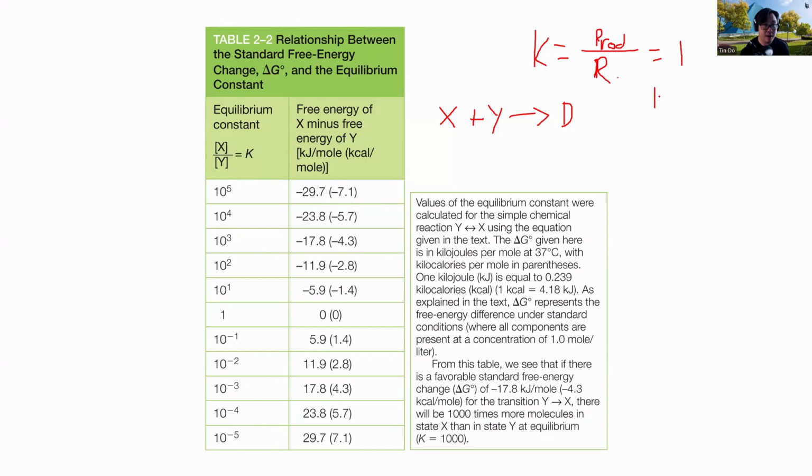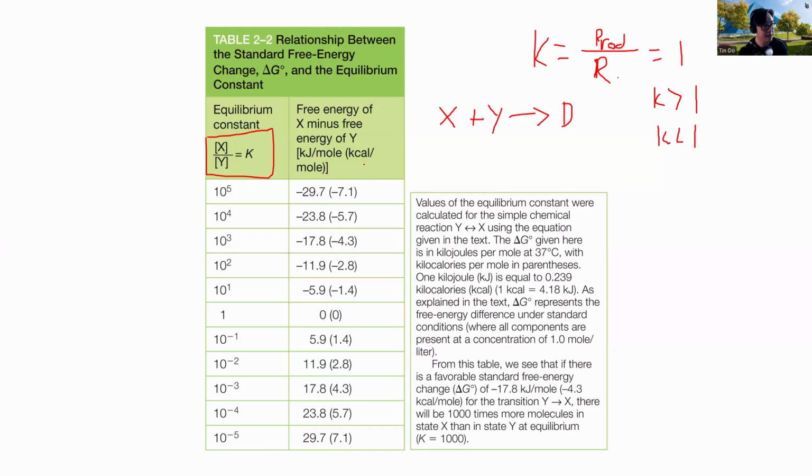Now, if my K value is greater than the value of 1, what happens is that your products are more favored in that reaction. So your equilibrium point is on the product end of the chemical reaction. If your K value is less than 1 and close to 0, then the reactants or the substrates are favored, vice versa. So this is what that equation is telling you.